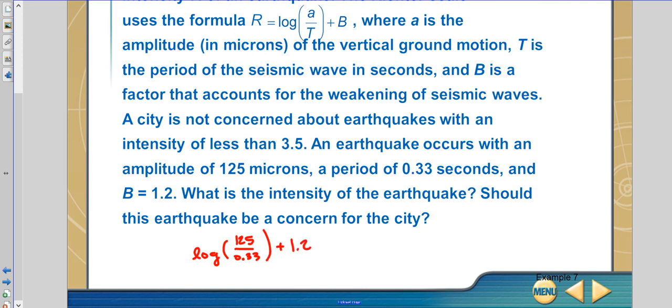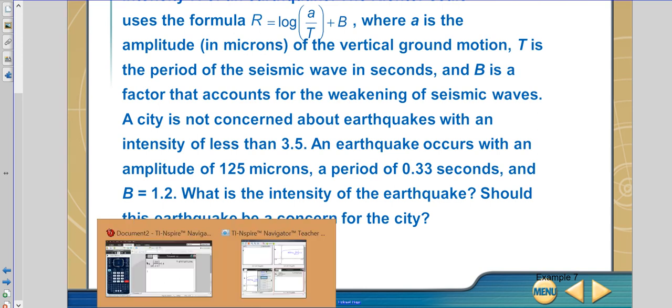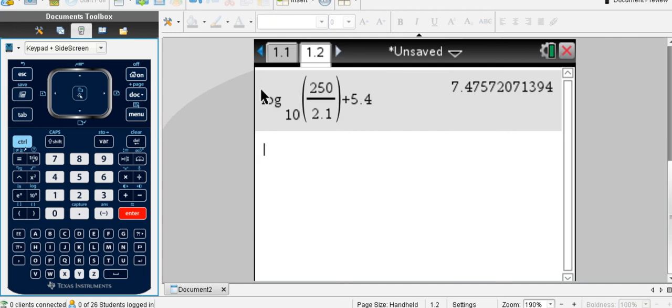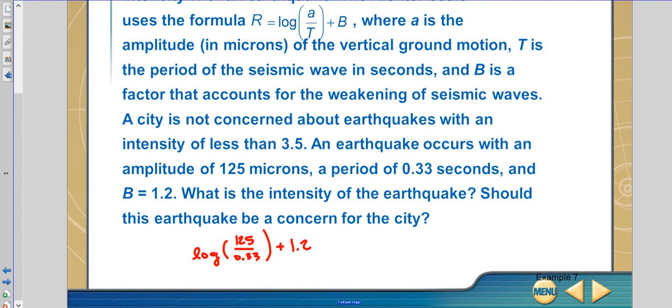Now let's see what this equals when I type this in the calculator. I'm just going to go here and type it in. So we'll have log, and this time it was 125, I believe, over 0.33 plus, was it 1.2? Let's check this real quick.